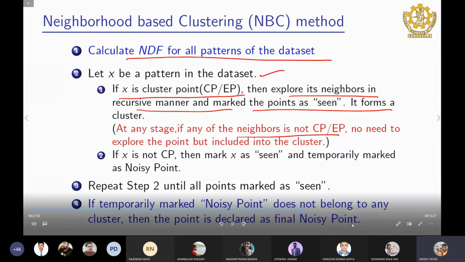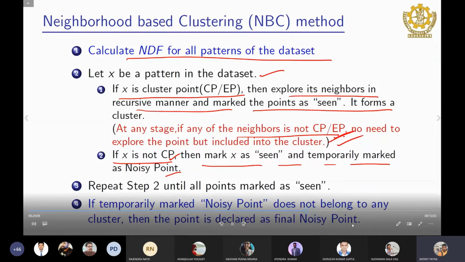That means earlier we talked about temporarily marking a point as a noisy point. In a similar way, you mark the point, because that is a border point actually. You mark the point but don't explore it further. And if it is not a core point, then mark X as seen and temporarily mark it as a noisy point. So this is the border point.